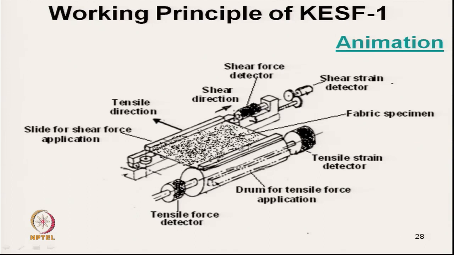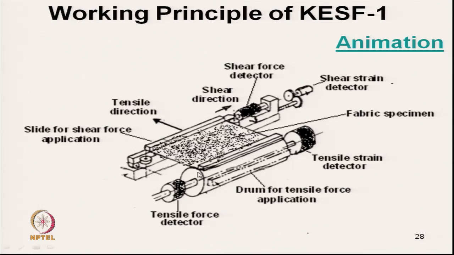So, from these two sensors, the tensile strain detector and the tensile force detector, we can completely get the stress-strain curve. After straining to a predetermined length, the drum will automatically start rotating in the other direction and it will record the values for the load and extension during the unloading time.